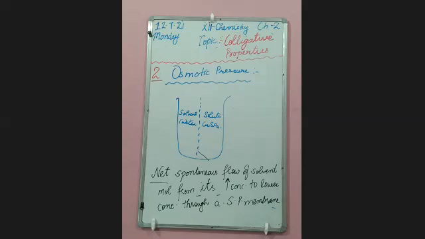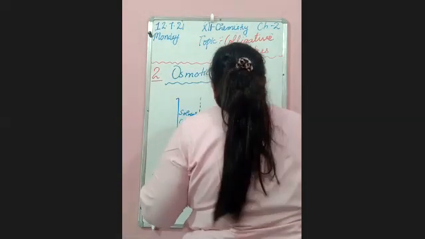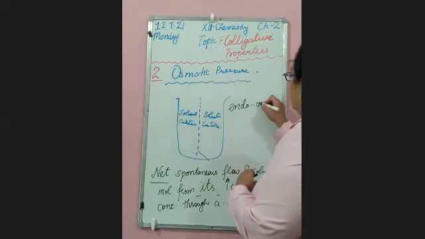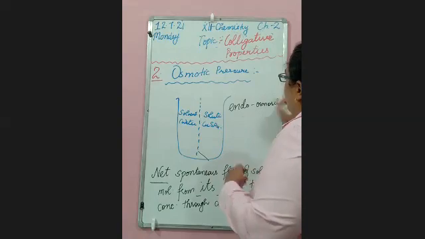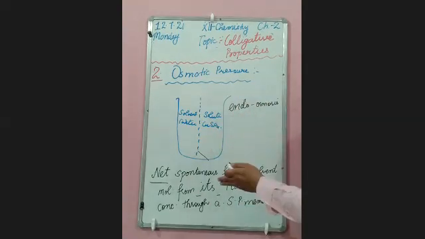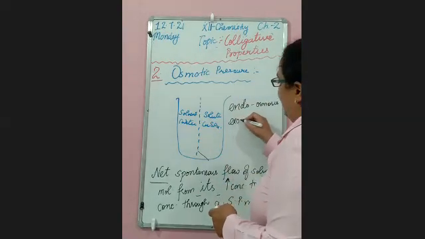Okay. So when any membrane permits these solvent molecules to come inside, then it is your endosmosis. Endo gives the sound of under. Endosmosis. And when the molecule is coming out from a particular cell or anything, then it is your exosmosis.